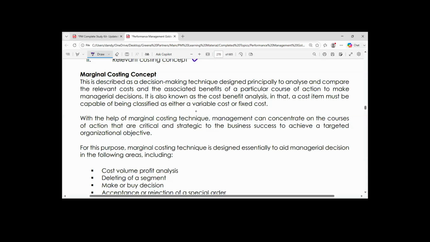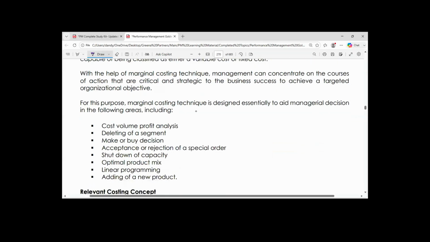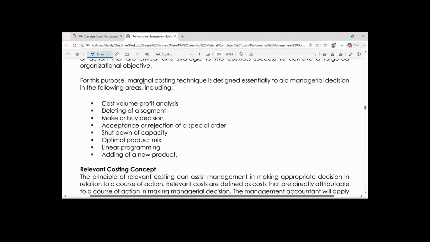It is also known as cost-benefit analysis because a cost item must be capable of being classified as either a variable cost or fixed cost. With the help of marginal costing technique, management can concentrate on the courses of action that are critical and strategic to business success to achieve a targeted organizational objective. For this purpose, marginal costing technique is designed essentially to aid managerial decision in the following instances.